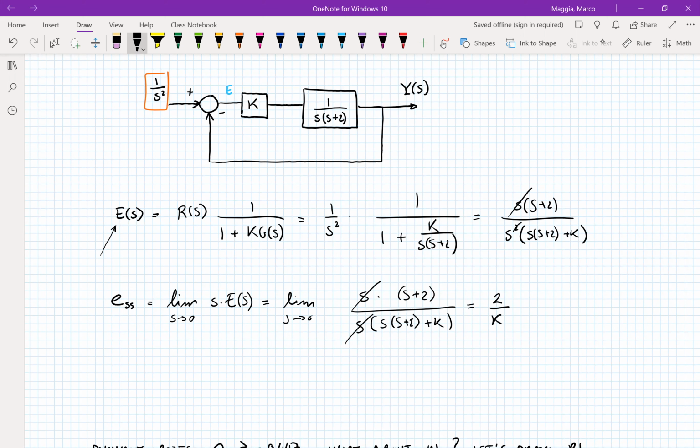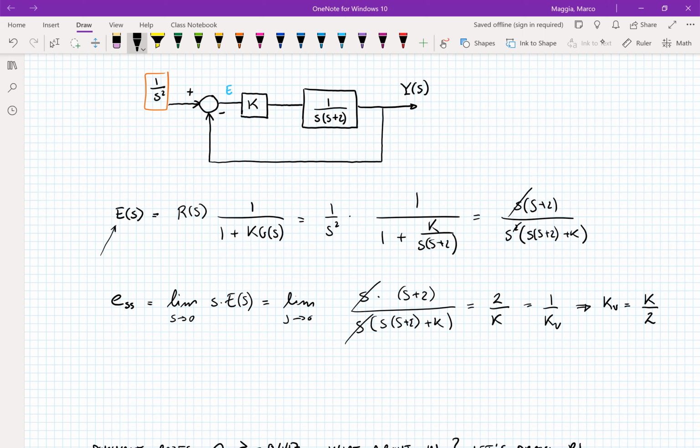Now, if you go back to the lecture in which we discussed the system type numbers, you saw that the steady state error for type 1 systems coupled with ramp inputs is also equal to 1 over Kv, where Kv is our velocity constant. So it means that the velocity constant is equal to k over 2.